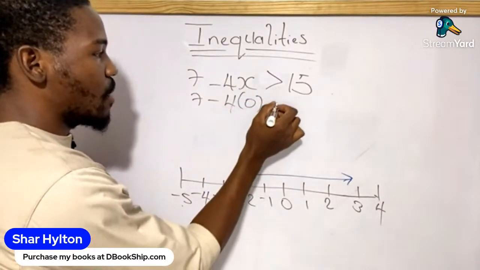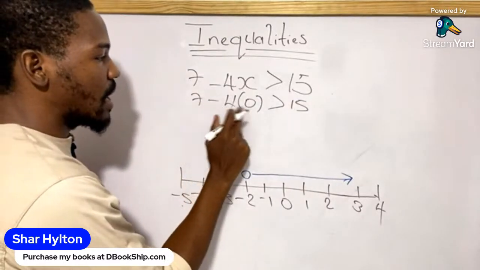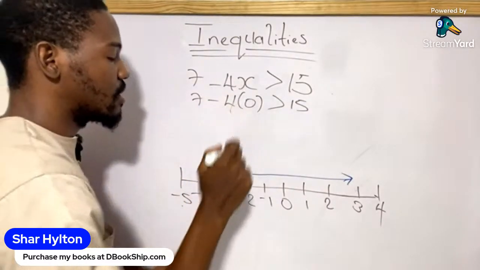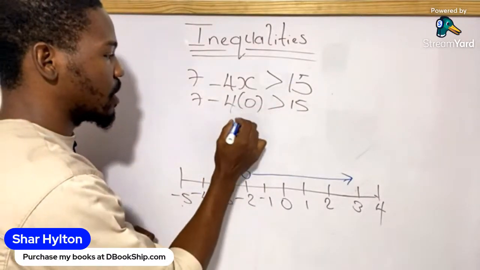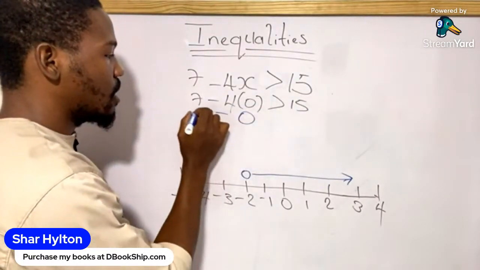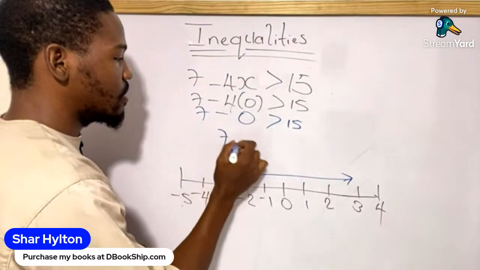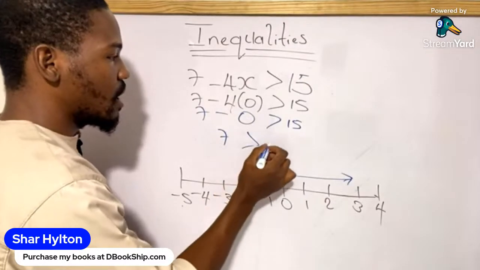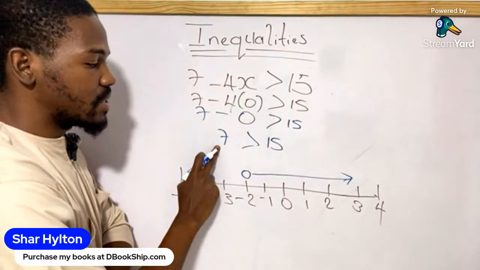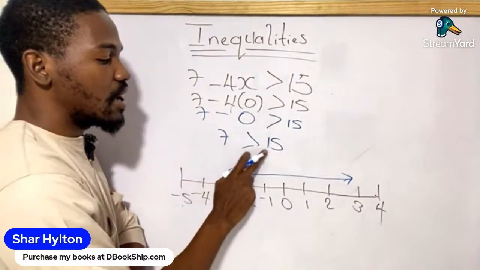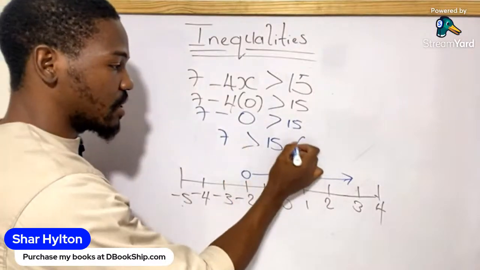So 7 minus 4 times 0 is greater than 15. Understanding our order of operations, we know that we have to do multiplications first, so that's going to be 0. We have 7 here. And when we look, we see that 7 minus 0 is going to be 7. And we're looking at something very interesting because this is saying that 7 is greater than 15. And is that true? No, that is actually false.